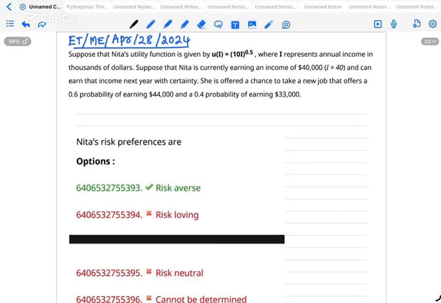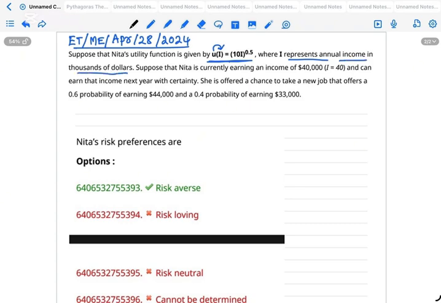The question: suppose that Nita's utility function is given in terms of income I, that is U = square root of 10I, where I represents the annual income in thousands of dollars.